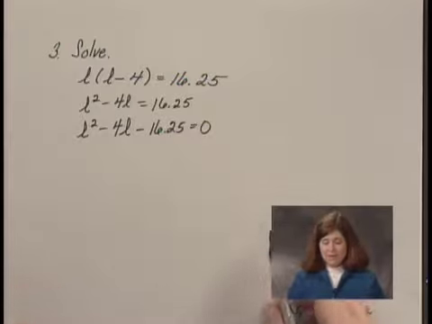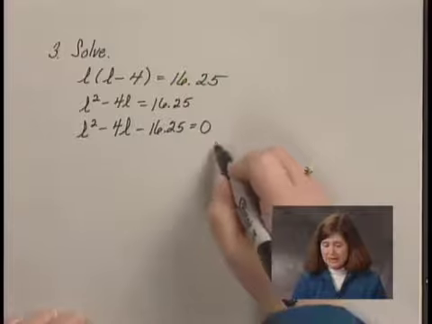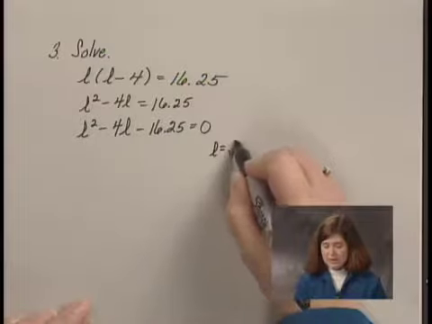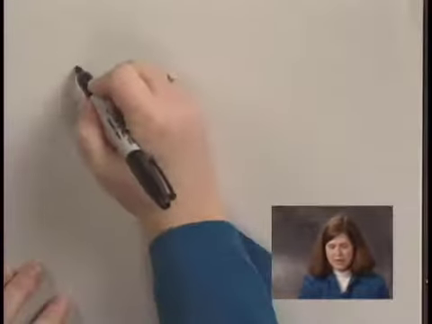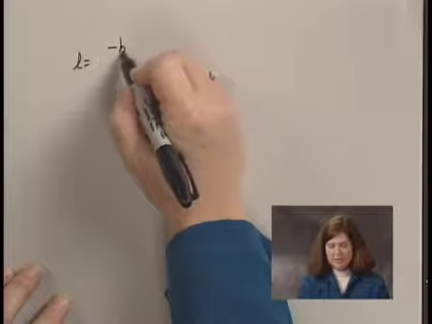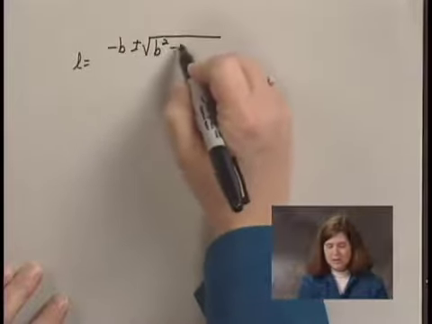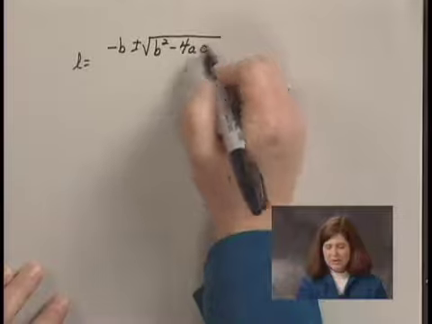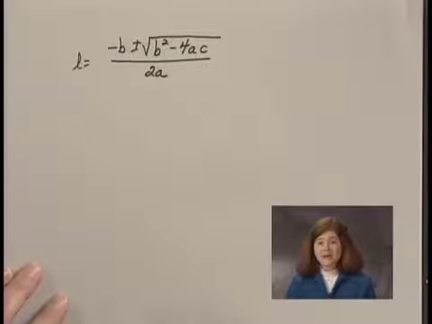The quadratic formula states that L equals the square root, I'm sorry, that's not correct. I'm going to write that correctly here. L equals the opposite of B, plus or minus the square root of B squared minus 4 times A times C, all over 2A. Now what are A, B, and C?